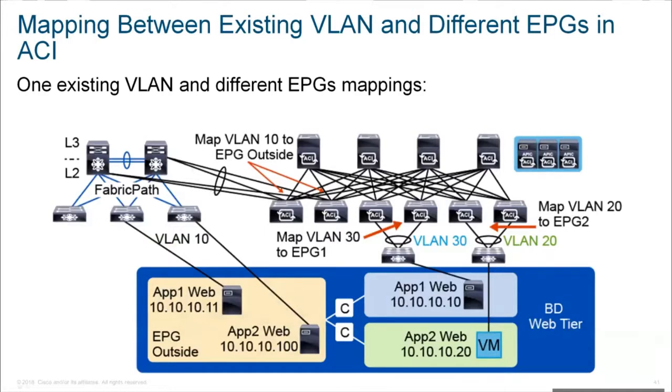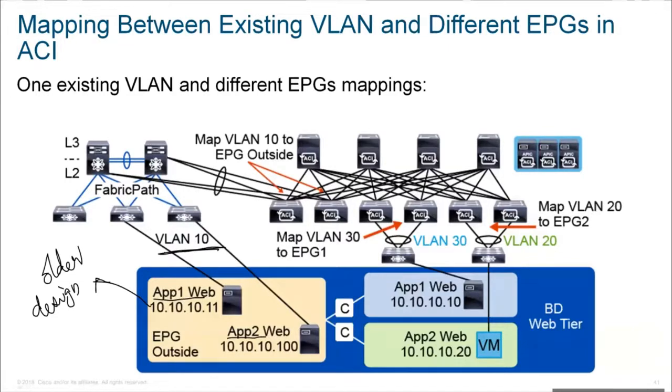Okay. What is this one? They have only one VLAN, but they are actually two different applications. Now, when you move it over to ACI, that's not recommended.